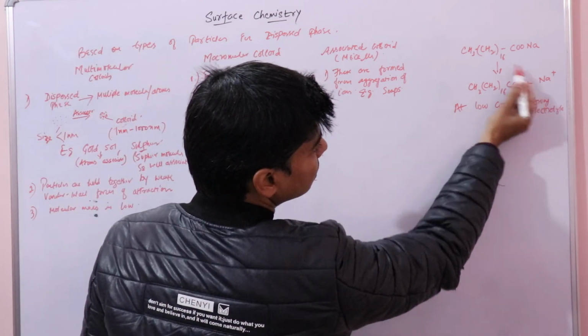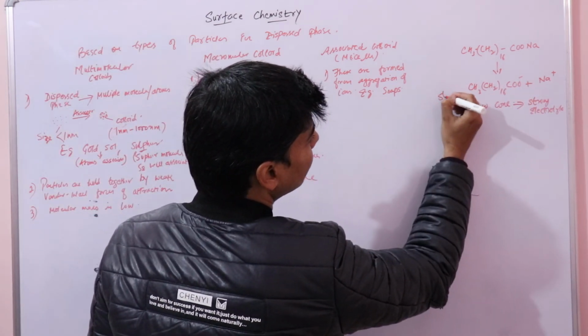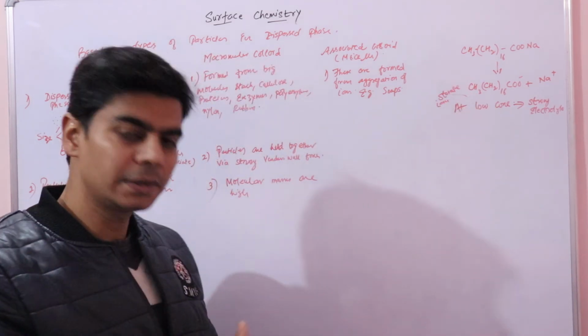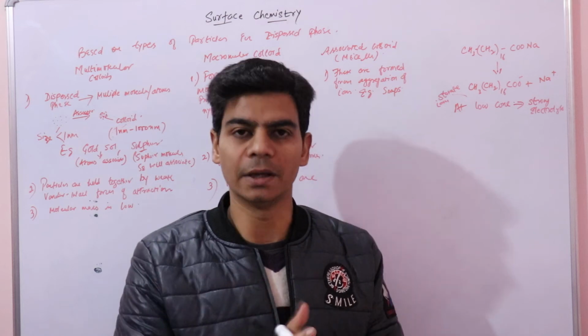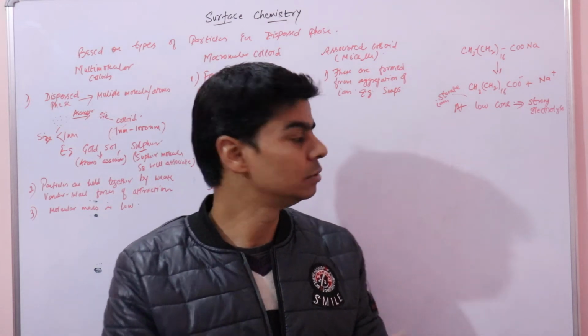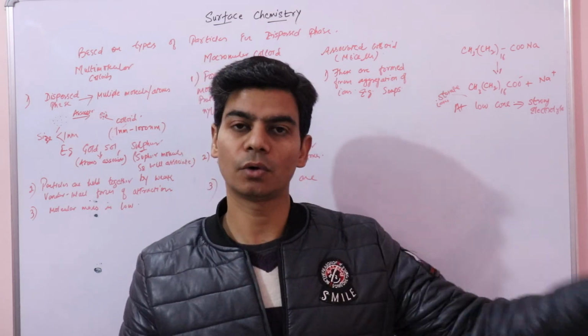But when you increase the concentration of sodium stearate, which is a soap, in water, then at higher concentration, these ions, these stearate ions, will start interacting or aggregating to form bigger particles of colloidal range.